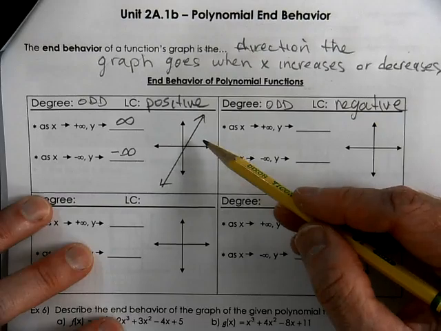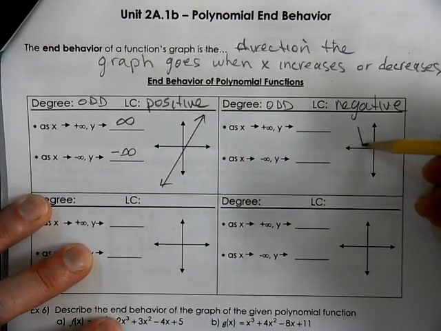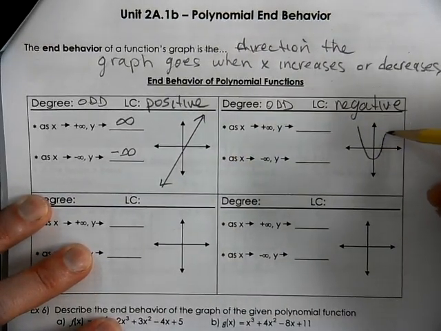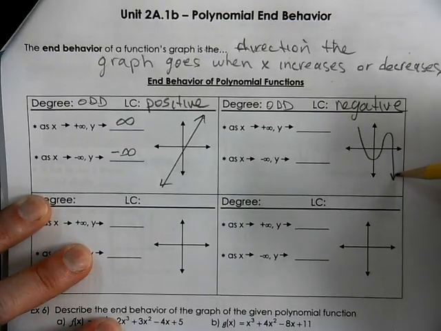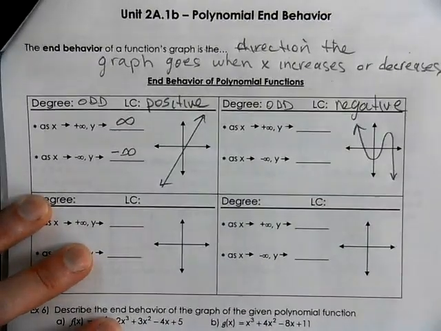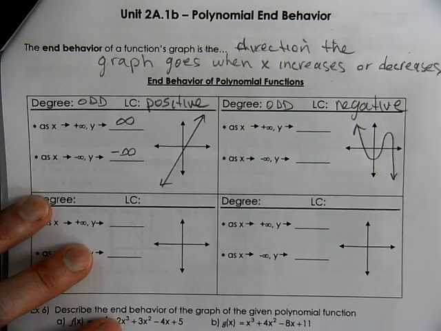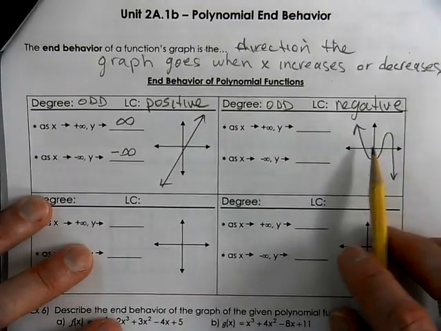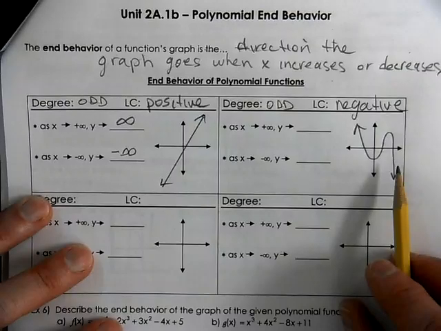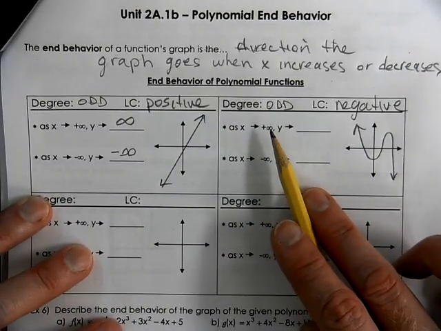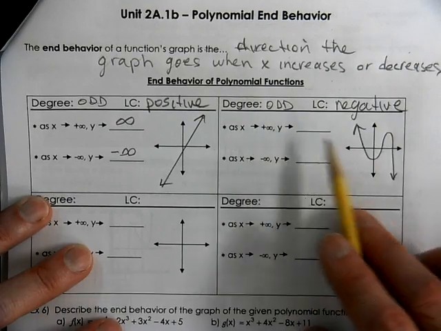So this one was linear. We could do a cubic. Doesn't matter what happens in the middle. The question is what's happening off to the ends. When x gets bigger, that's the direction you want to look first.